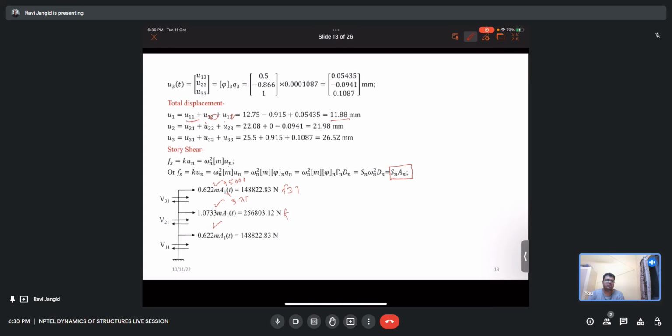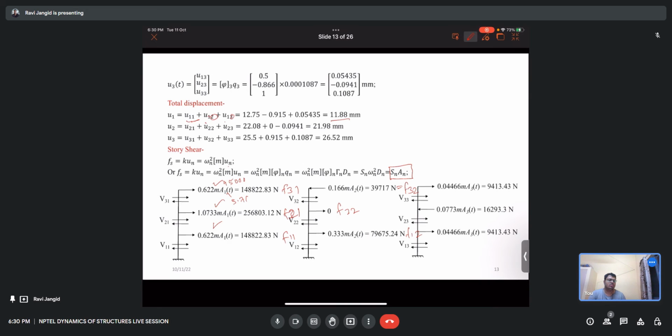So you will get your F31, F21, F11. Same for the second mode, that is your F32, F22, F12. For the third mode F33, F23, F13.